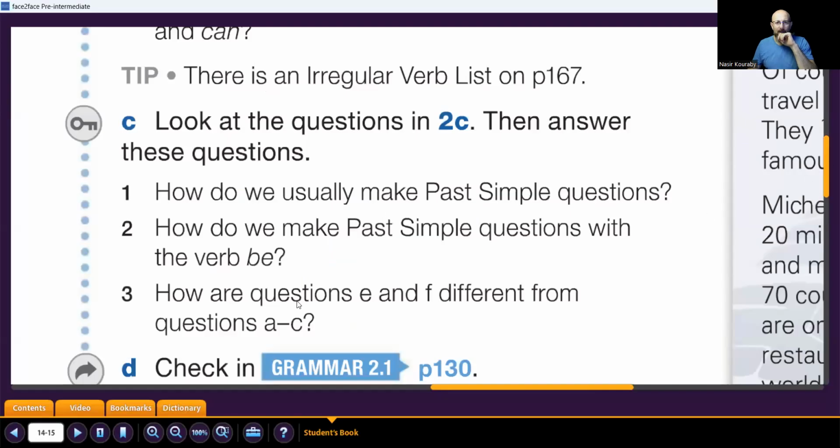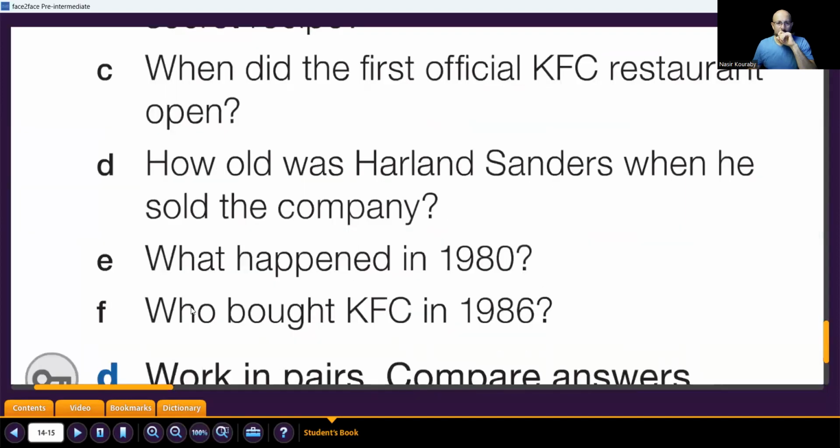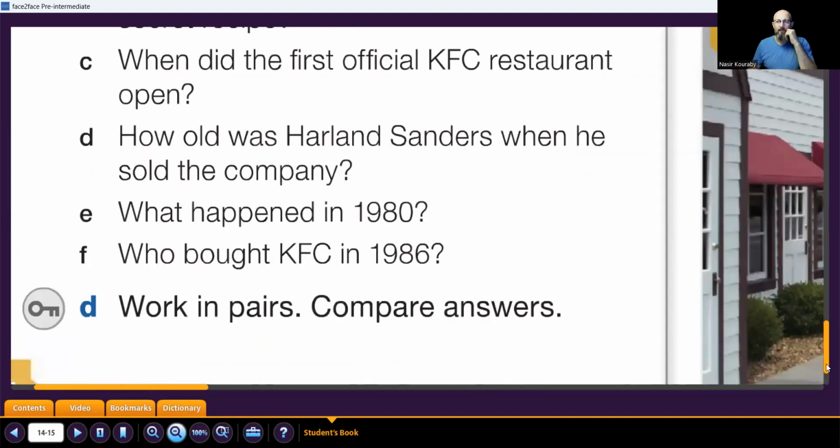How are questions E and F different from A to C? E, F. What happened in 1980? Who bought? Yes, it's different. Look, guys.